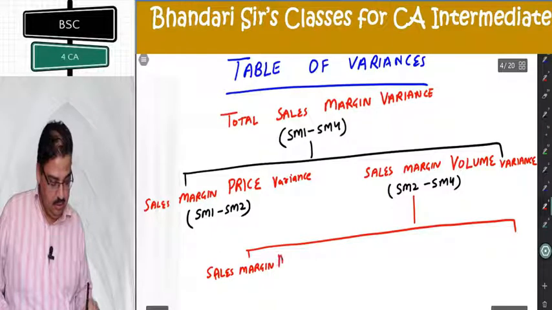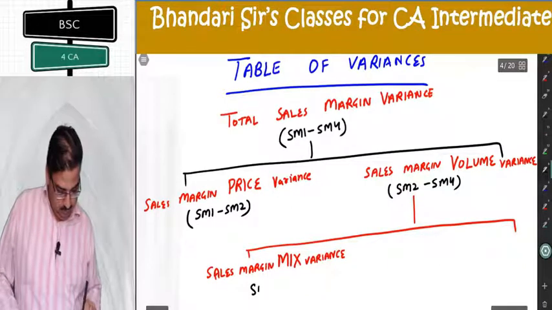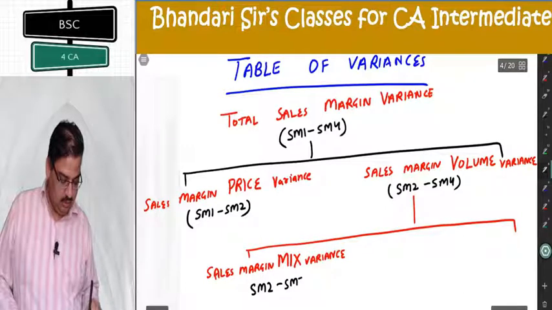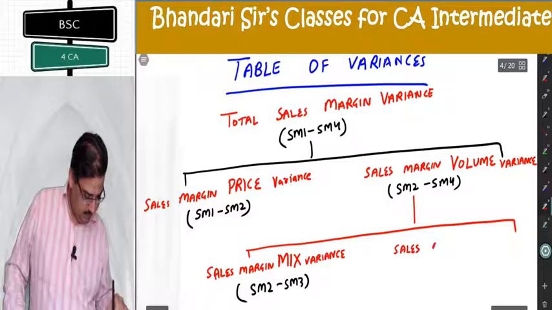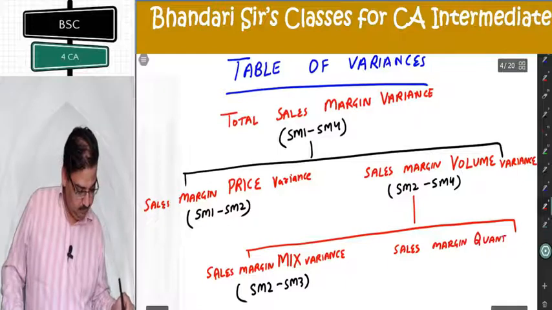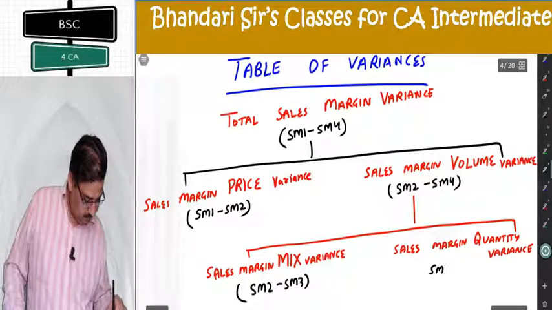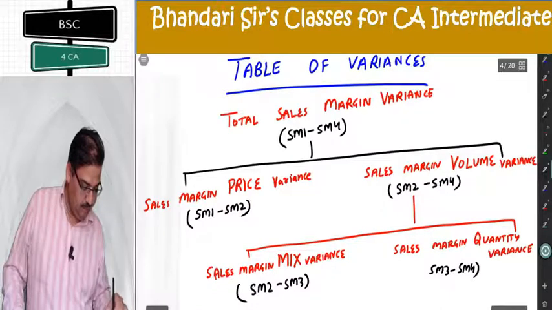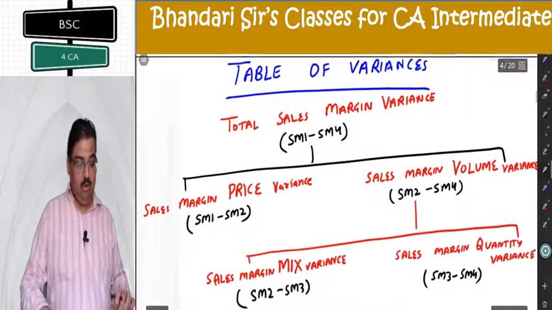Sales margin mix variance, SM2 minus SM3. Sales margin quantity variance, SM3 minus SM4.